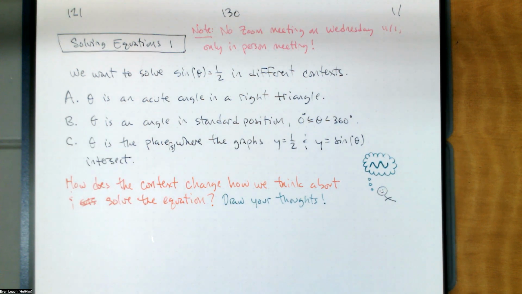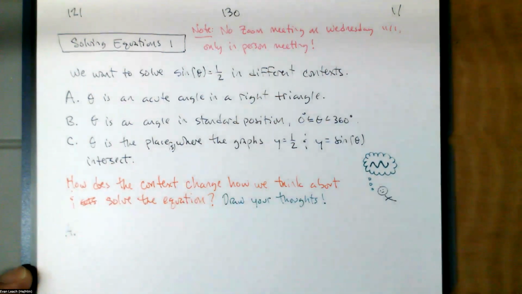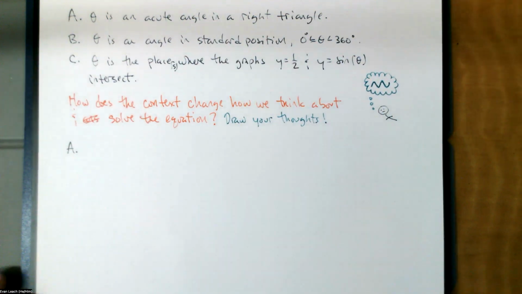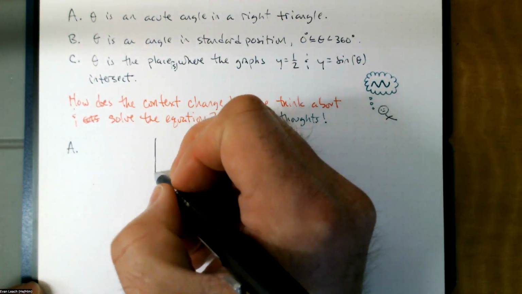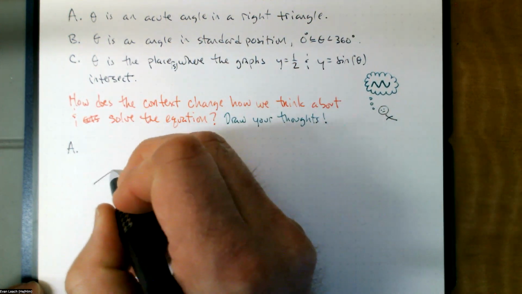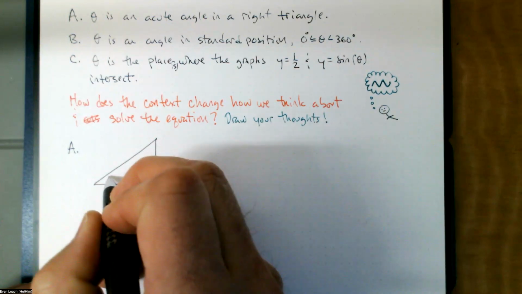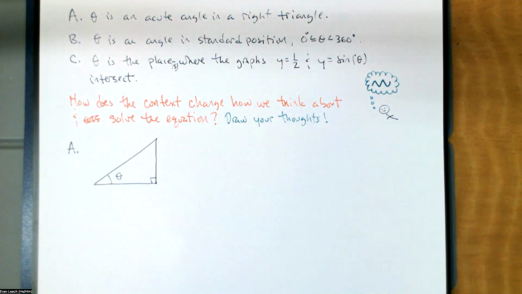In part A, theta is an acute angle in a right triangle. So let's draw a right triangle. Theta is an acute angle in a right triangle, and sine of theta is equal to 1/2.